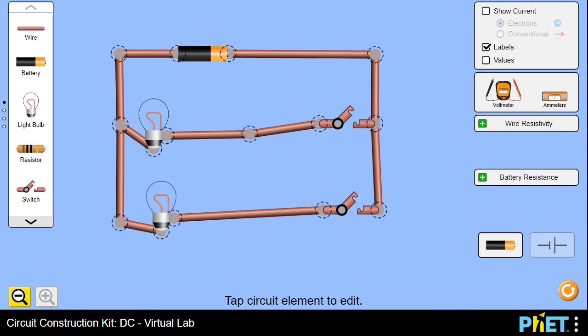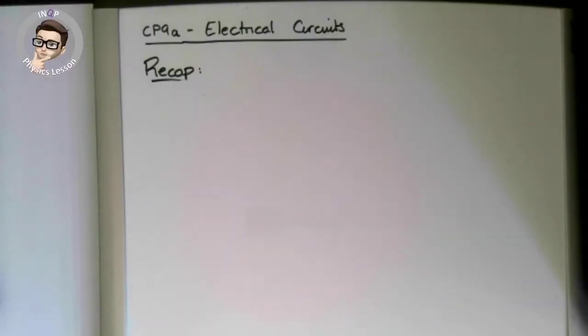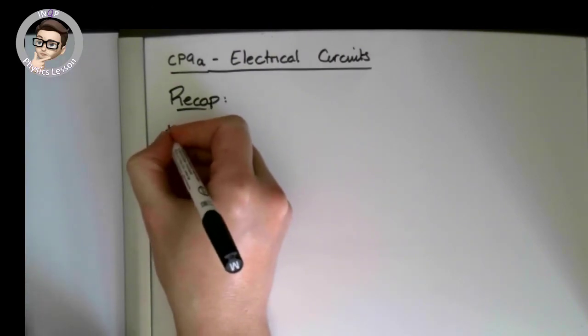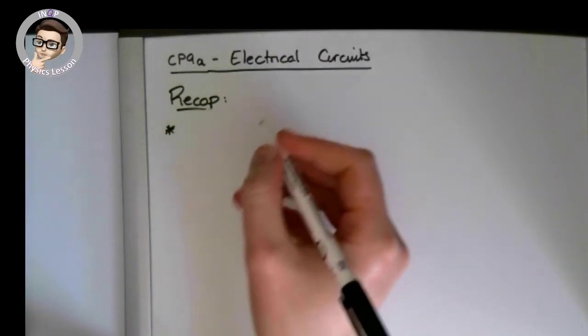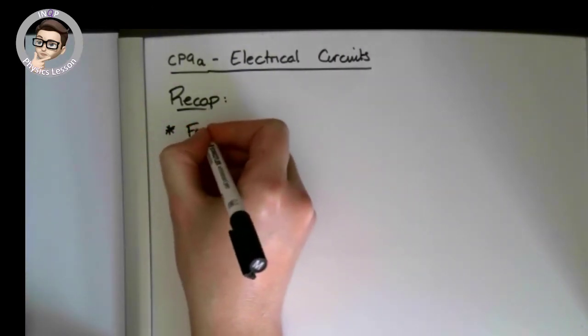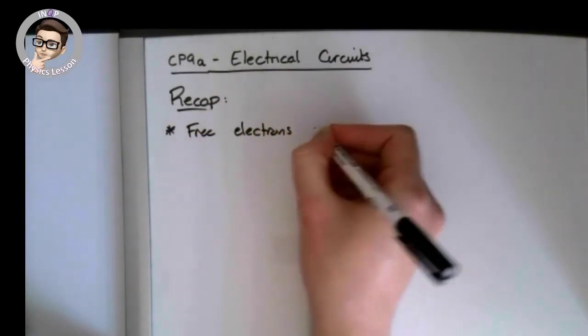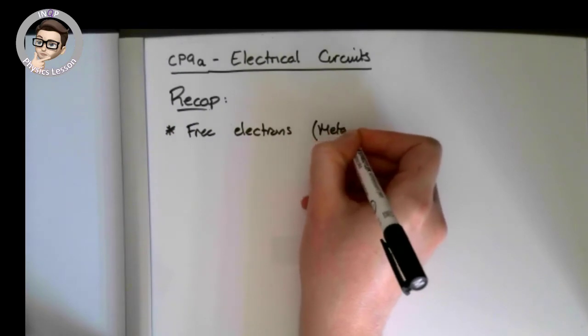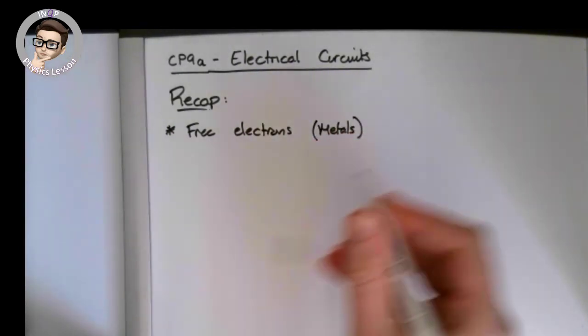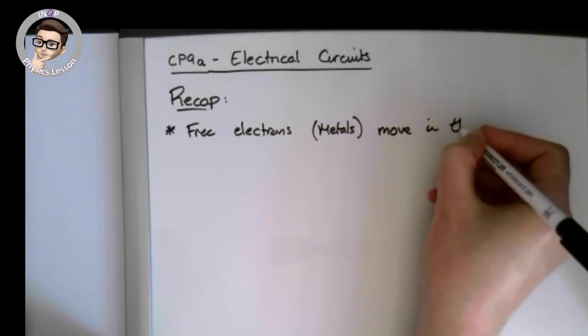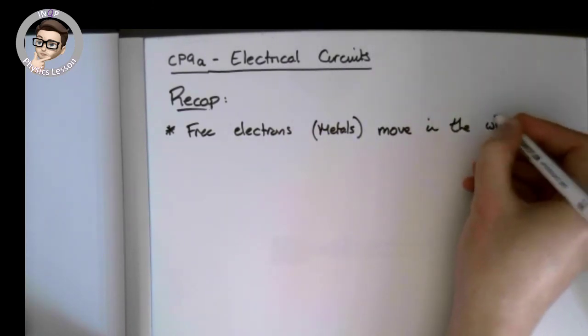Okay, so let's go for a recap then of today's lesson. We should have found out that free electrons, which we only find in metals, are what move in the wire. Why do they move?